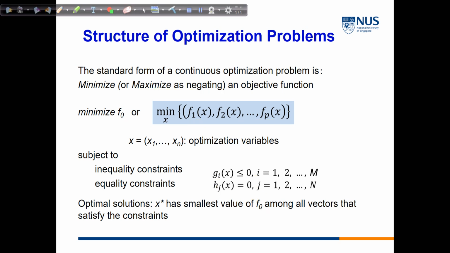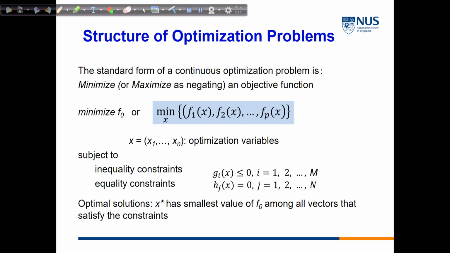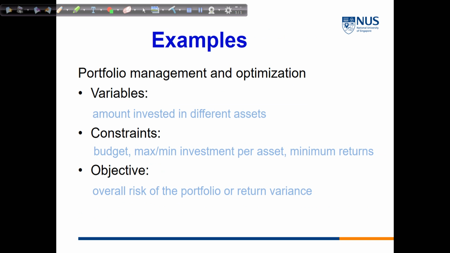With this structure, we can again look at some examples to see how to use this structure. Let's start with a business application. It's maybe relevant to your background if you do some personal investment, or you buy some stocks, or just simply you got $100 to spend in the supermarket, in a mall. You want to get a basket of products, stocks. So we call this kind of problem portfolio management and optimization.